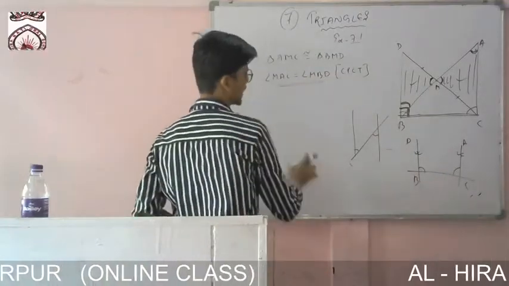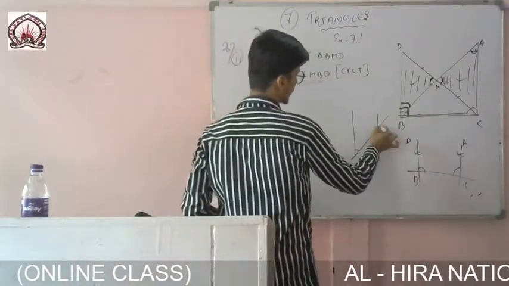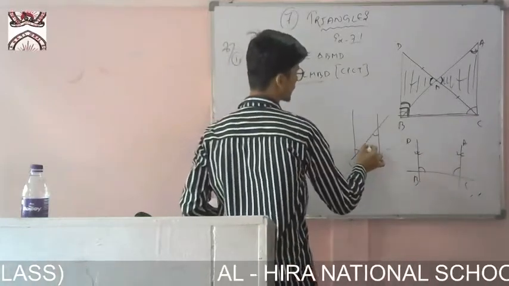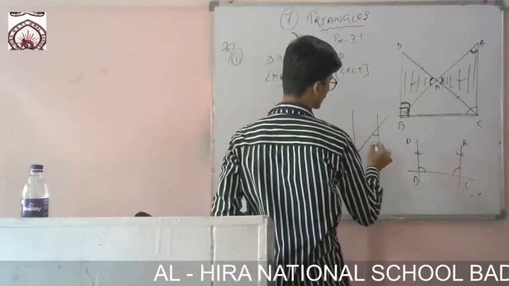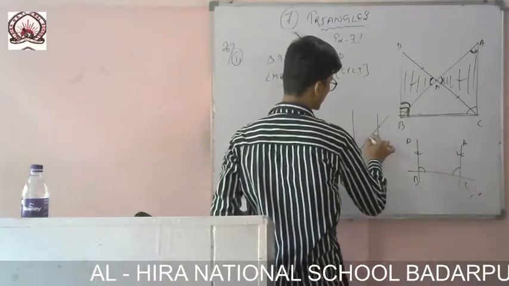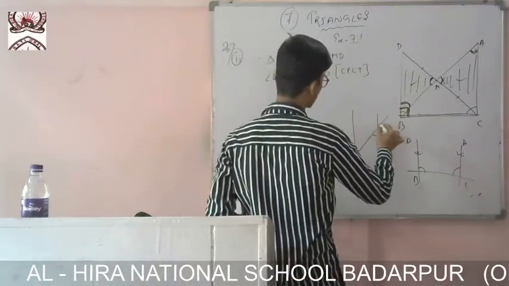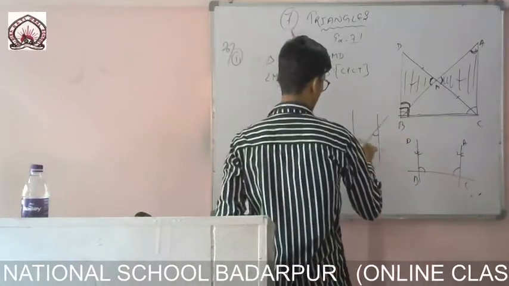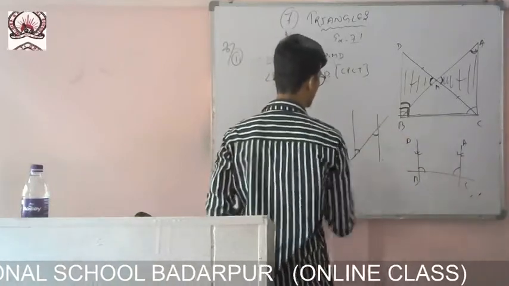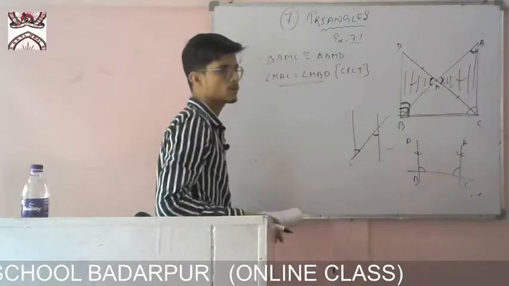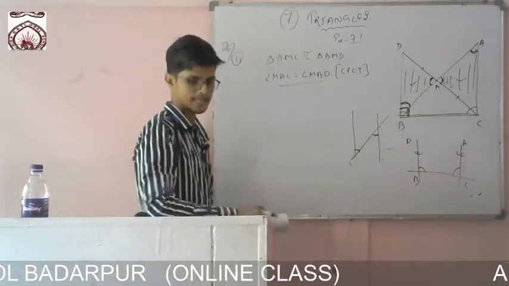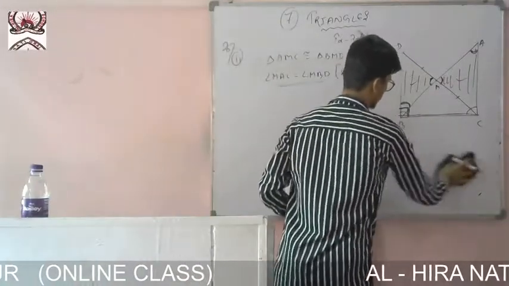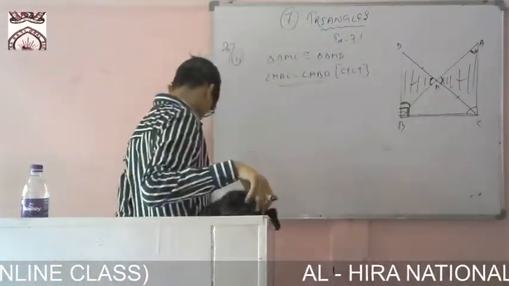You see, MAC is equal to, M is the midpoint, so I can write it as ABD. So these angles are alternate angles, and alternate angles are equal only if the lines are parallel. Okay, so we'll use this one.